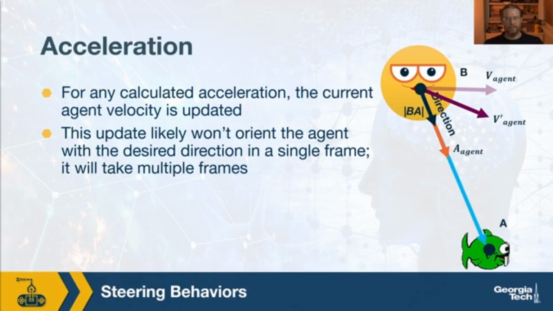And that's as simple as get a direction, a relative position vector. We'll normalize that to a unit vector. We can multiply that times, say, a maximum acceleration. And immediately we've got an acceleration vector that we can work with and apply to our velocity.